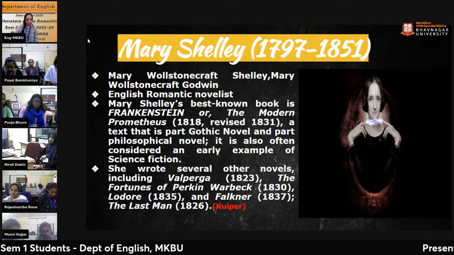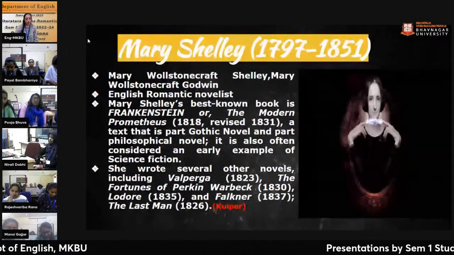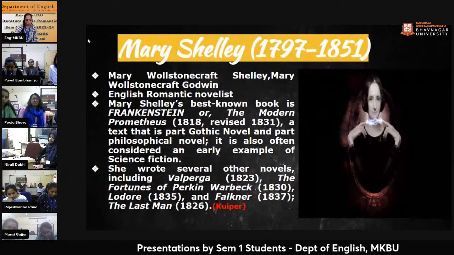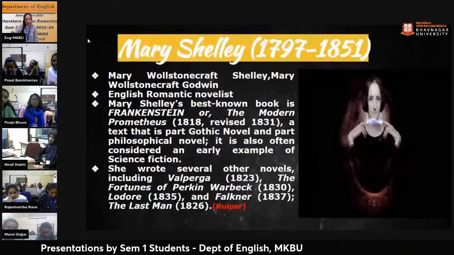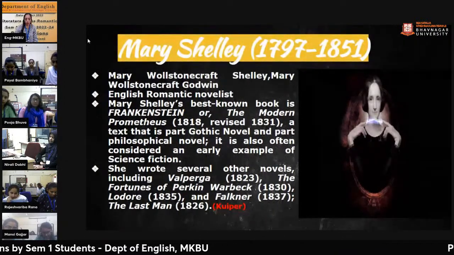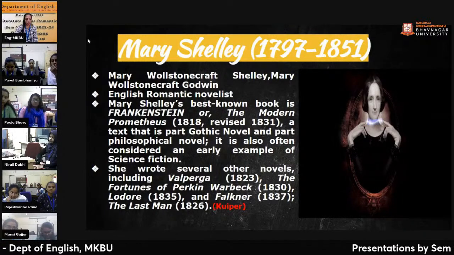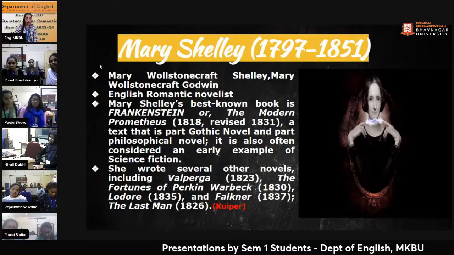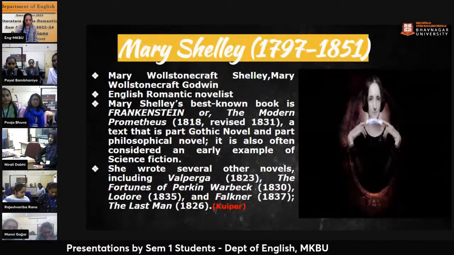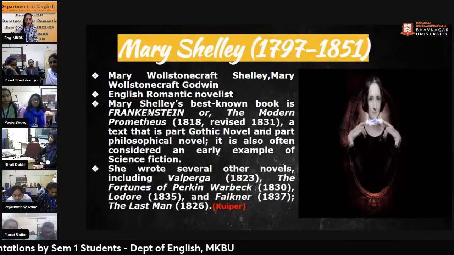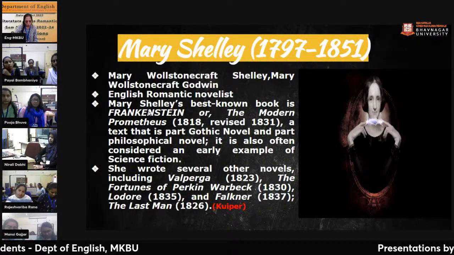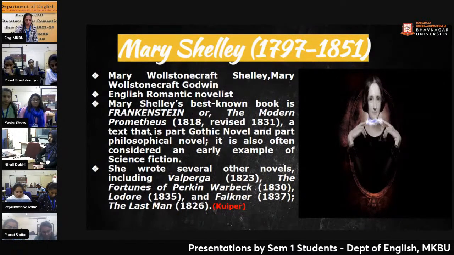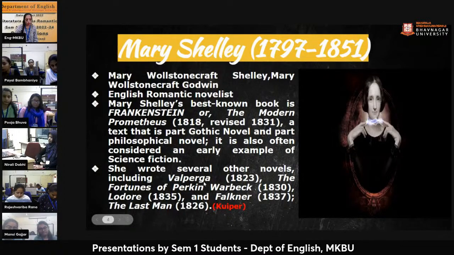This novel is a philosophical novel, and it is also a gothic fiction novel and a horror fiction. She wrote several other novels, including Valperga, The Fortunes of Perkin Warbeck, Lodore, and Falkner.